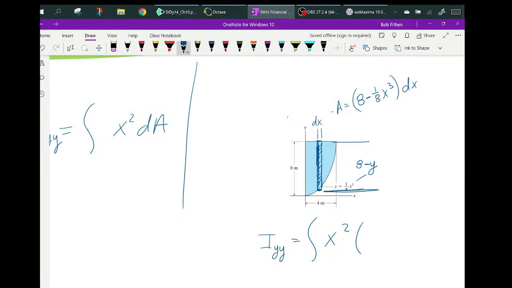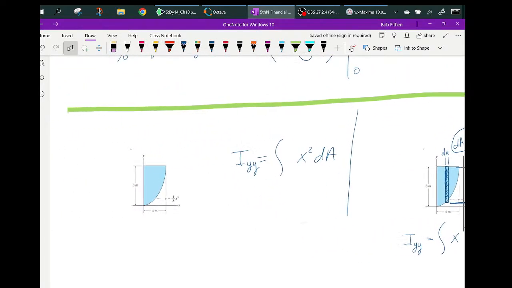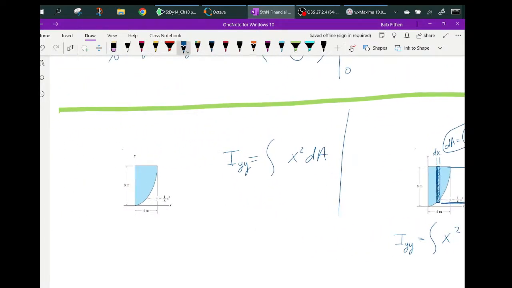So I'm sorry, that should be d area. It's 8 minus 1/8 of x to the third dx. Now, how would we have done this had we done this with the double integrals, the way you would ordinarily do?